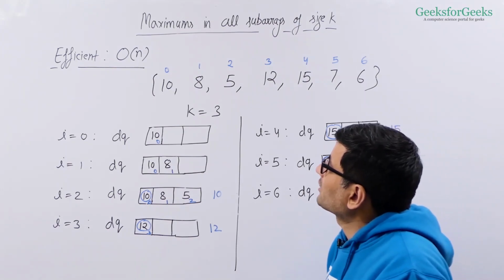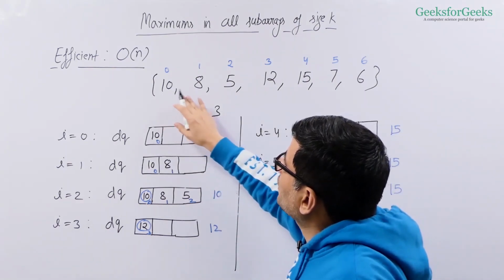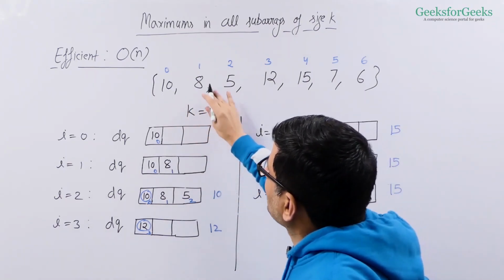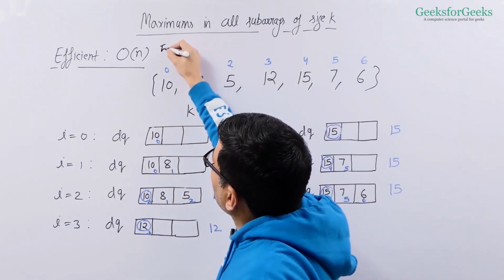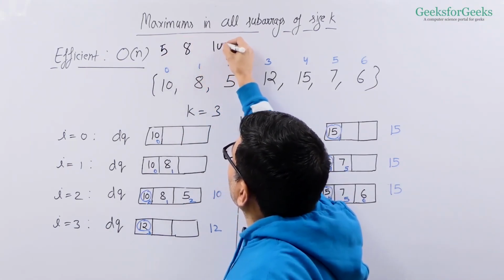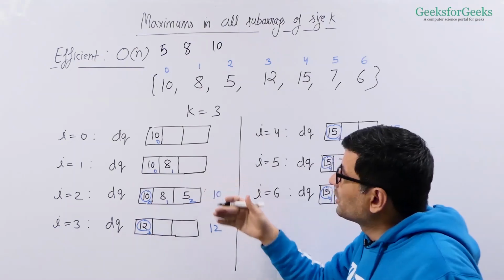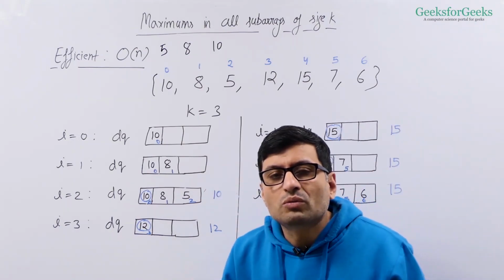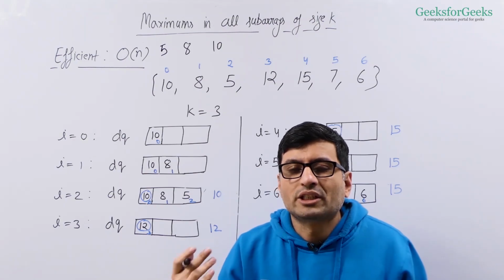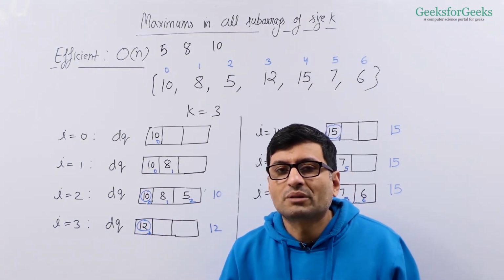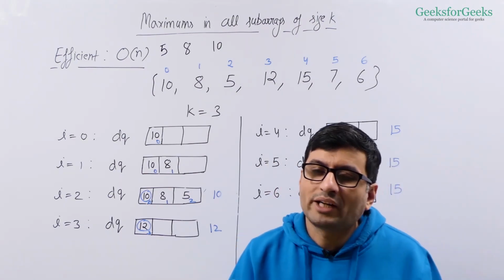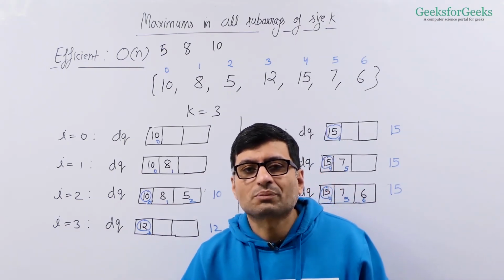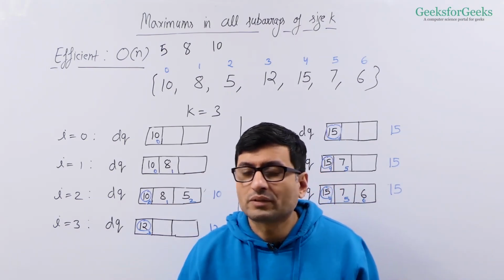In this particular example, our elements were sorted in decreasing order. Suppose our elements were like this, 5, 8, 10. Then the way we maintain the DQ is, whenever we see an item, we remove all the smaller items than it from the DQ because they become useless. They are never going to become maximum in this window or subsequent windows where they are part of.